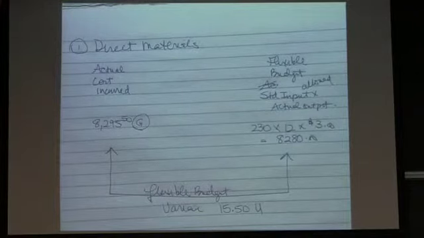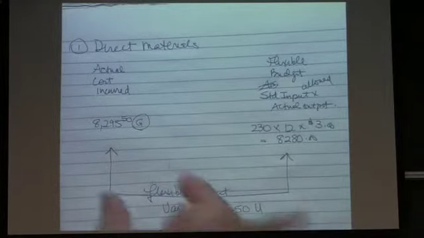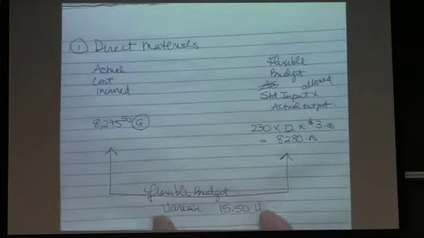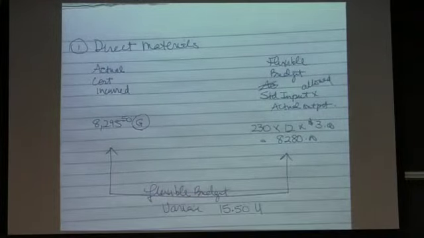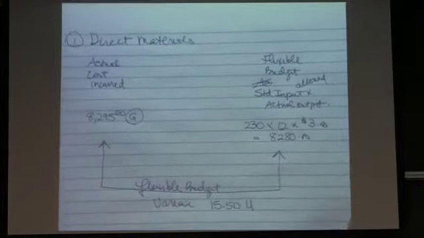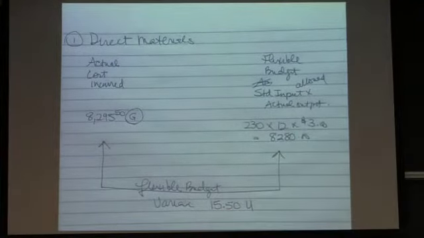Now, to make this analysis much more intuitive, we need to break this variance out into price and efficiency. Price is all about the difference between the actual price of the wool versus the standard price. And efficiency is all about the number of skeins of wool used in the actual production as opposed to what the standard calls for.